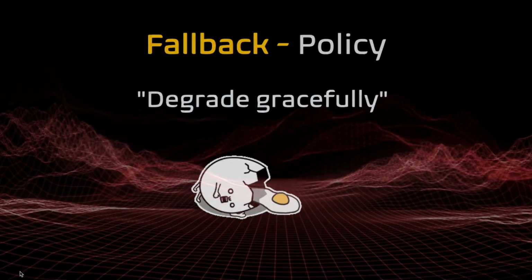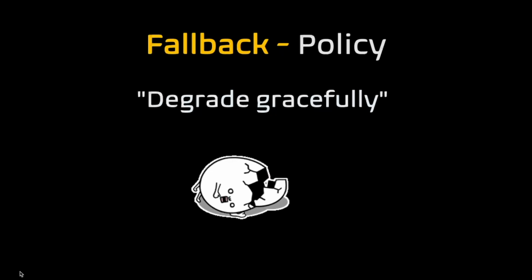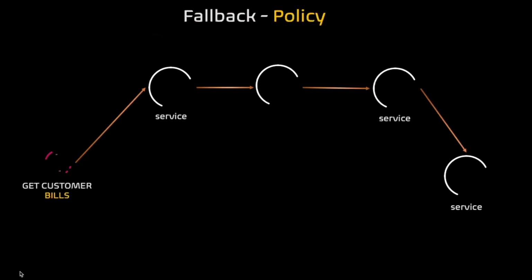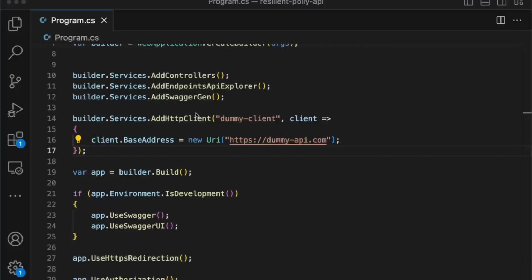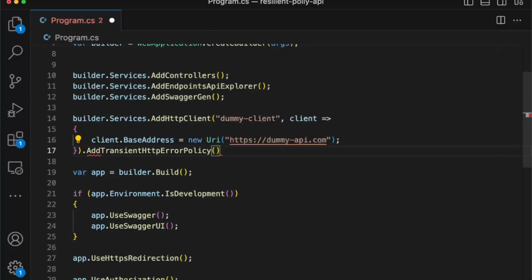The next policy is fallback. This policy defines an alternative value to be returned or action to be executed on failure. To give an example, if a service doesn't respond, we can make it return the fallback data. Let's see this in code. So here I'm going to add a transient HTTP error policy.